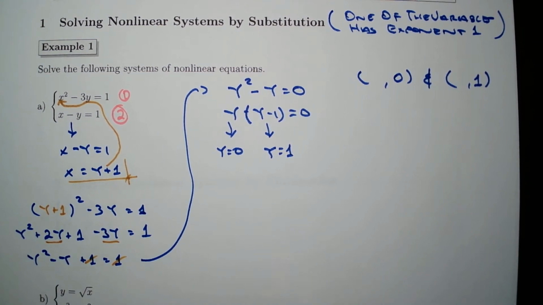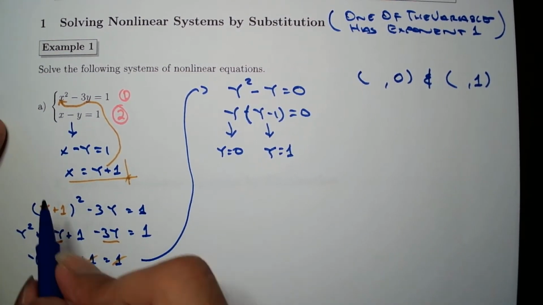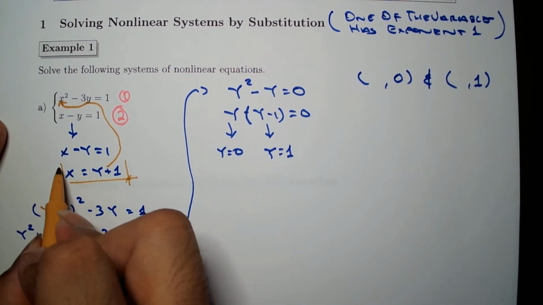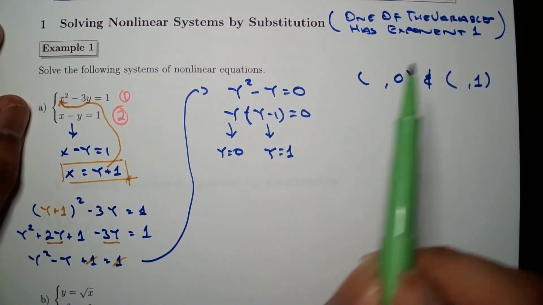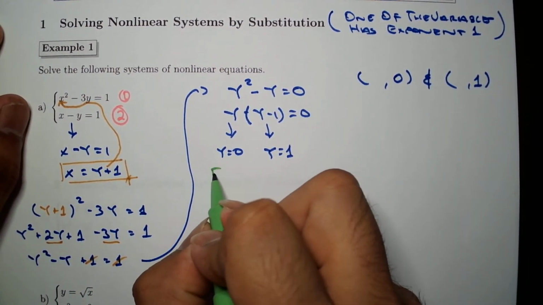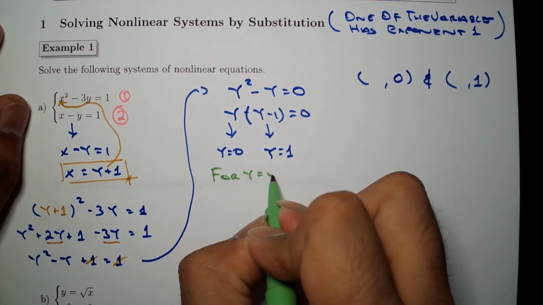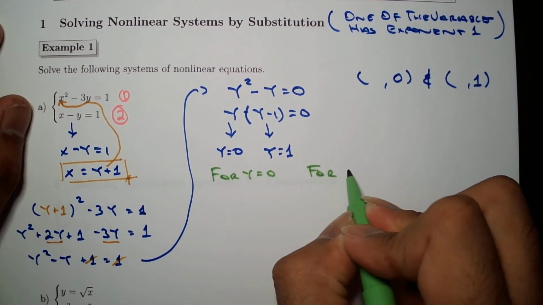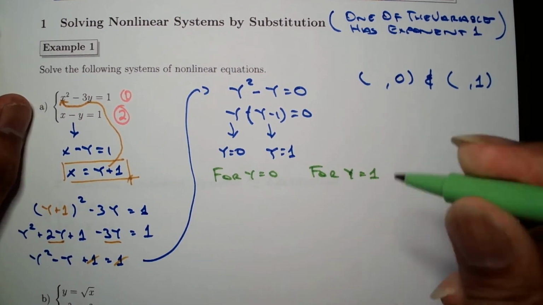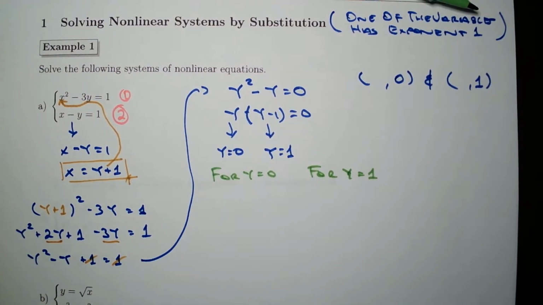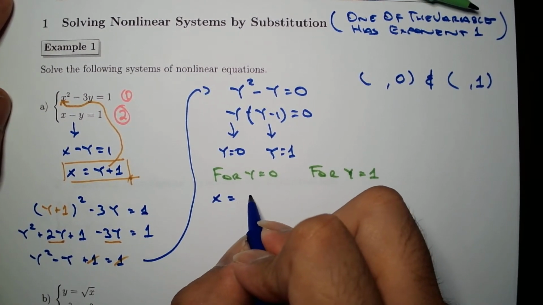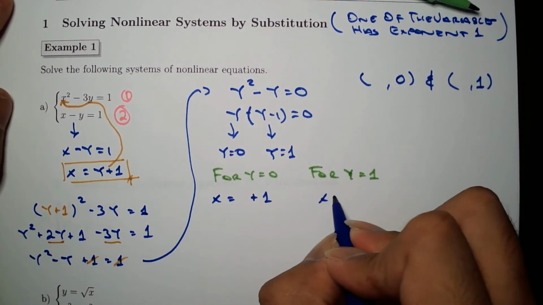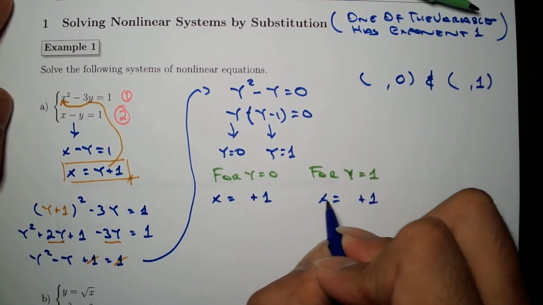Now we need to go back to the equation I put in the box at the beginning of the solution, and we are going to find the x values for each corresponding y, for y equals 0 and for y equals 1. So we go x equals 0 plus 1 and x equals 1 plus 1.